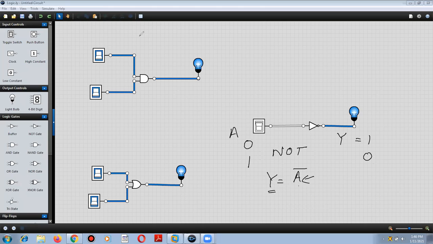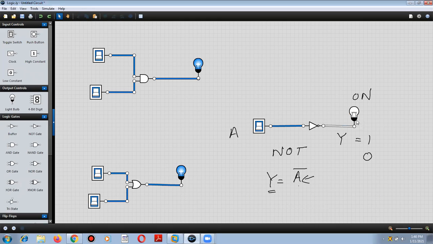Now let me see. I'm going to give here A is 0, therefore the bulb is on. So we can say the output is high. So here we can say that the bulb is on. Now let me change the input for NOT gate. Let me clear the drawing. So now I'm making A equal to 1.